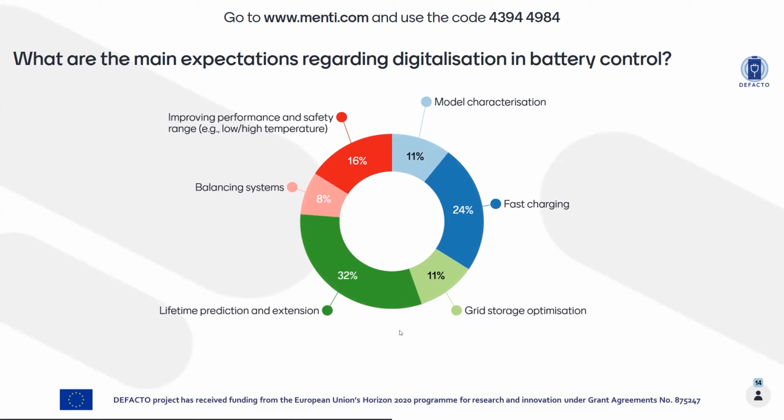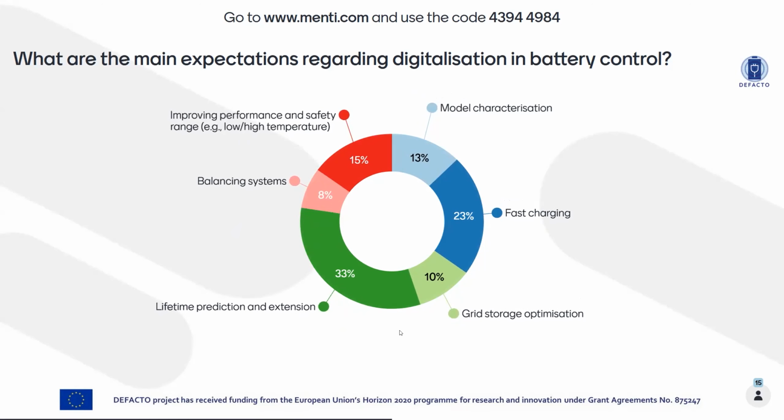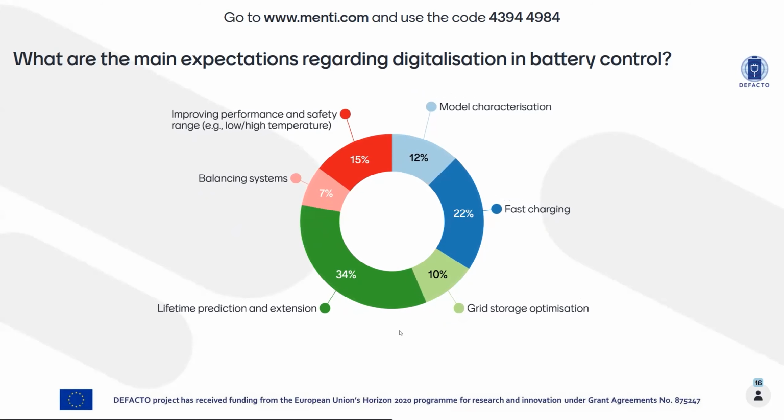Okay, so it looks like a reasonably even spread between lifetime prediction and extension, fast charging, and then perhaps improving performance and safety range. Lifetime is taking a bit more of a lead. Yeah, this is an interesting topic. We've just been working on a perspective paper on this, and I think one of the challenges with lifetime extension is that, again, a lot of industries, automotive for example, are quite conservative.